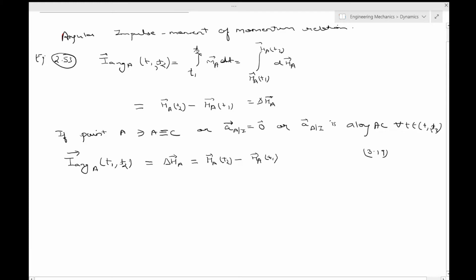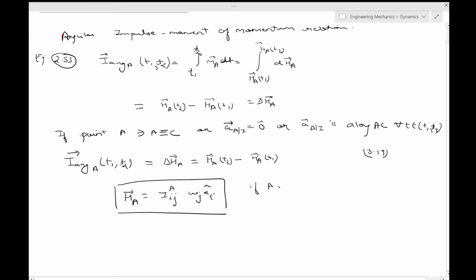Now A is definitely a point on the rigid body. In that case you can write HA from the previous discussion on the inertia tensor as Iij omega j ei. This comes immediately from the previous discussion which we have just had.